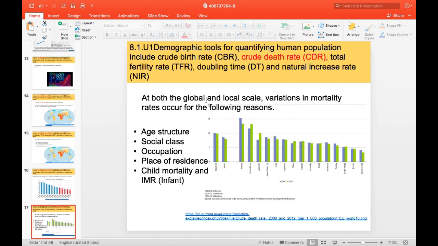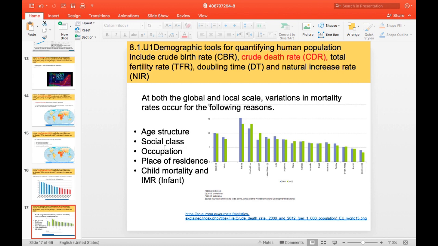At both the global and local scale, variation in mortality rates occurs for the following reasons. So we are talking now about crude death rate, CDR, deaths. Remember, D deaths, B births. So this tells us why people are dying around the world. Age structure: we have more elderly people than young people.